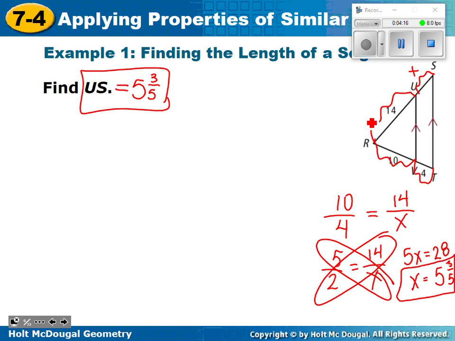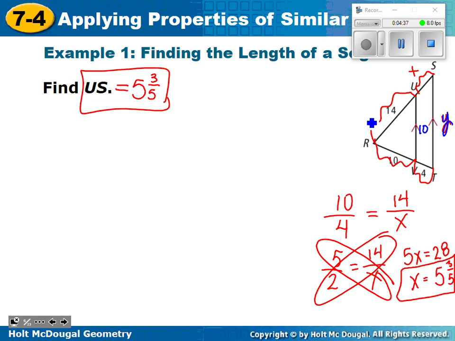Questions? Okay, here's what's going to be tricky when you get to the homework or the test. If they ask you to compare the third side, so let's say that maybe we're trying to look for this over here and this is y. Let me use a different color. So maybe I'm trying to find y, and maybe I know this is 10.